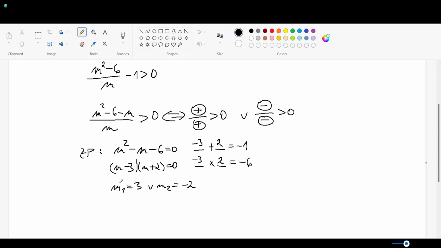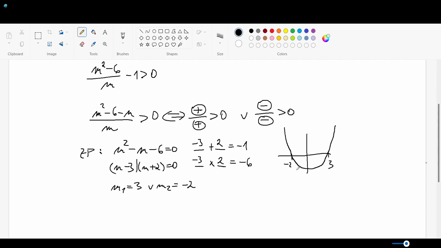We already know that this function's graph is a parabola, and as our parameter a in front of the quadratic term is a positive number, we know that the parabola will open up. We have our roots, so it will pass through the points (-2, 0) and (3, 0), and the shape is a parabola, so it will be something like this.